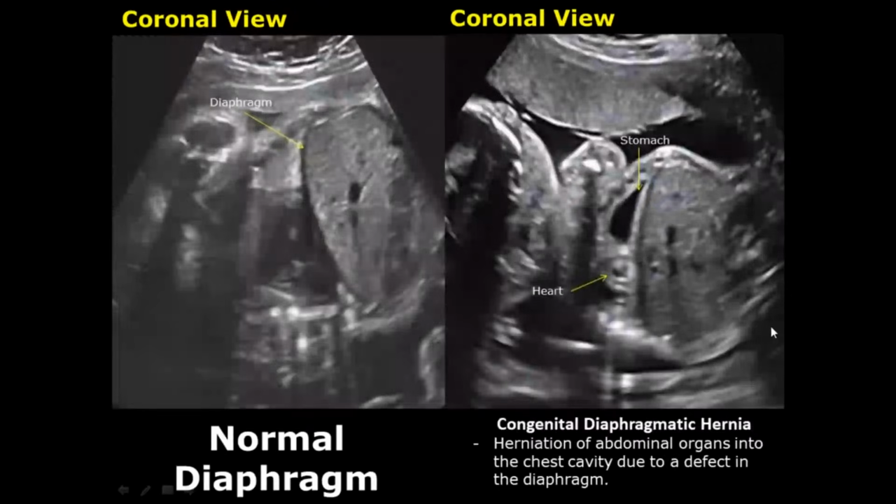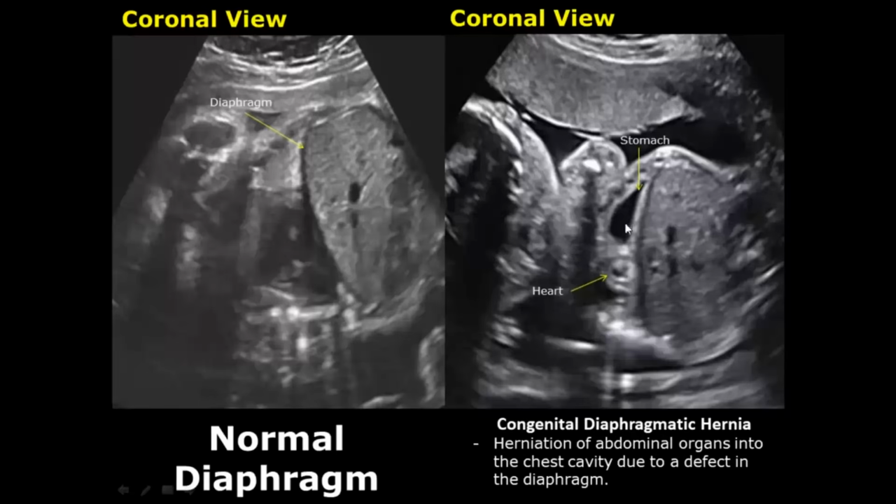A fetal diaphragm appears as a hypoechoic structure between the thoracic cavity and the abdominal cavity. In this coronal view, we see the lungs and the heart above the diaphragm, whereas in a congenital diaphragmatic hernia, there is a defect in the diaphragm which will lead to herniation of abdominal contents into the thorax, such as the stomach.